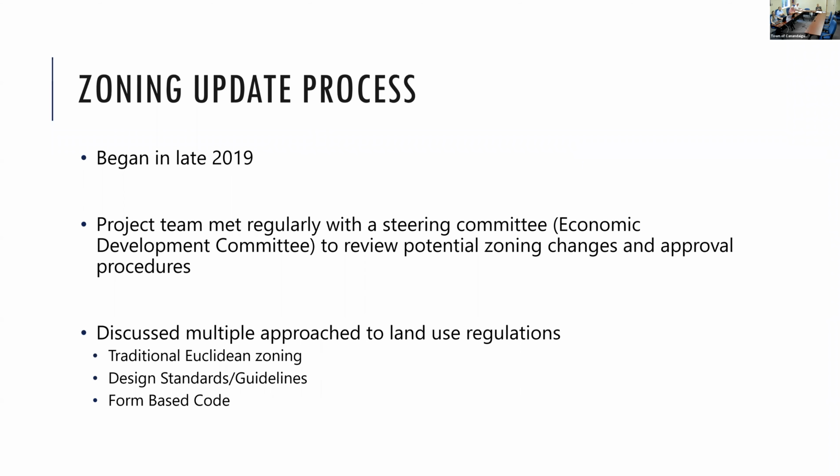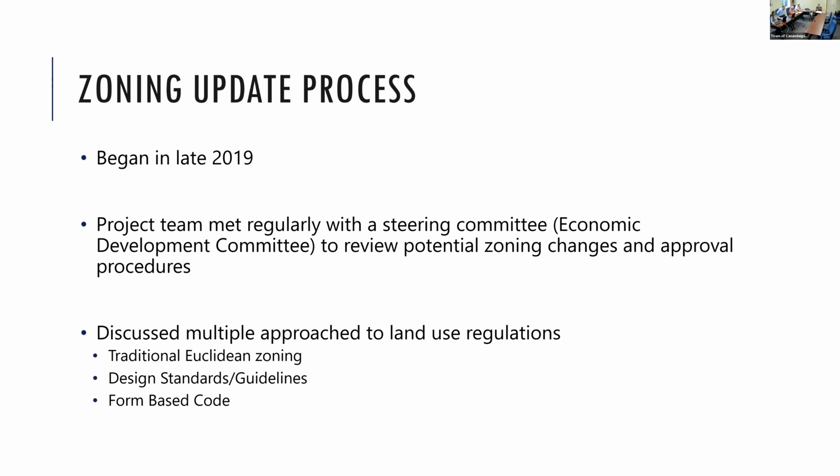The zoning update process began in late 2019. Like many things in 2020, things slowed down a little bit, but we generally held a fairly regular series of meetings with the committee to keep the project moving forward. We did very early on, back in 2019, discuss approaches for the zoning update. We talked about doing just an update based on your traditional zoning code, so creating a new district.